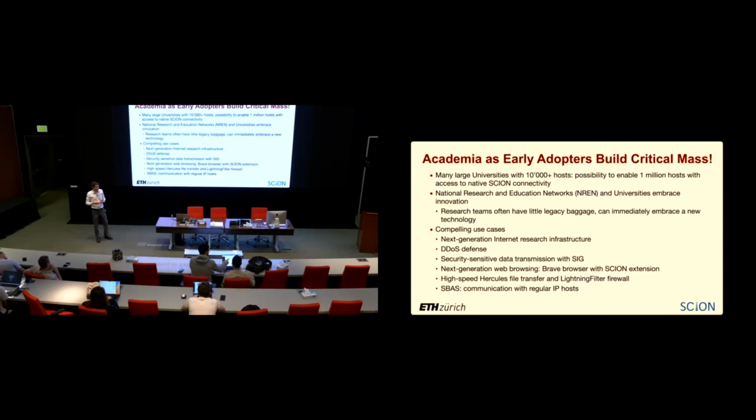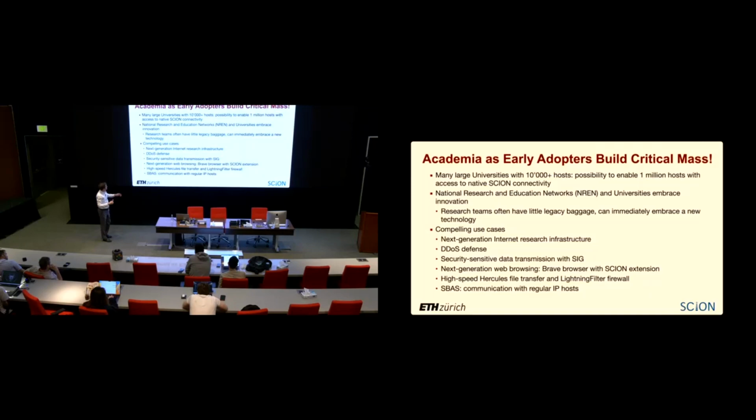We believe this is a good way to get started. So the idea is to make use of university deployments and have several national research and education networks and universities who embrace innovation start getting access, and then have all users in SCION-enabled networks. As soon as these users have a SCION-enabled application, they could then communicate.